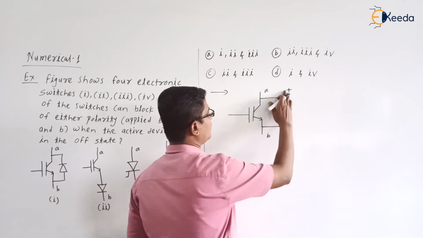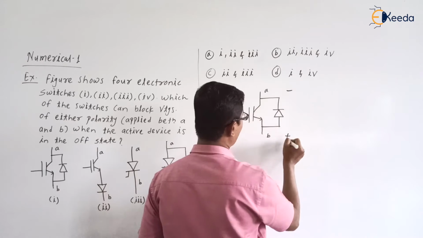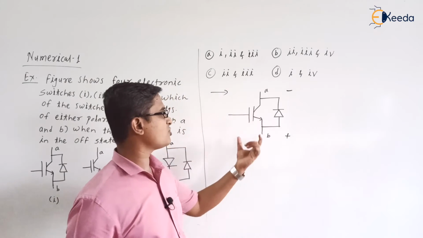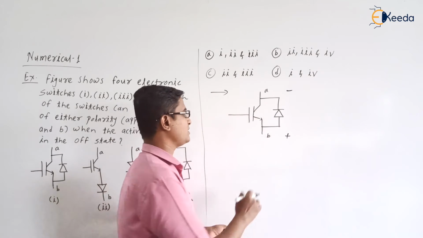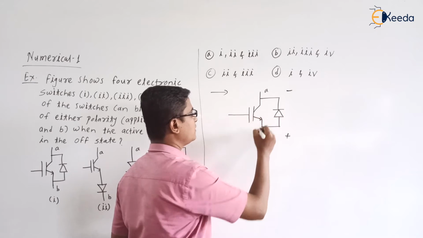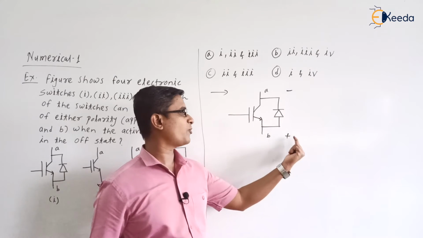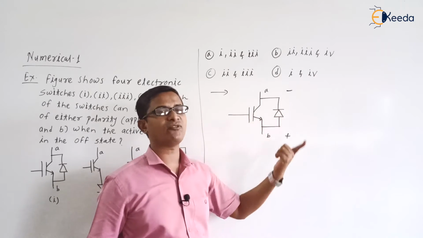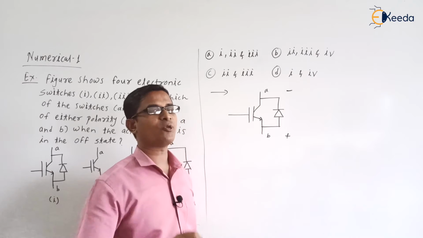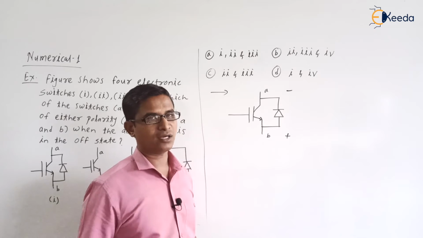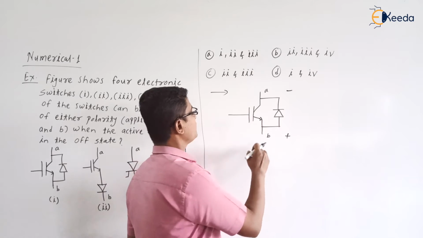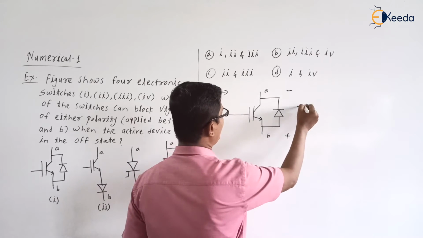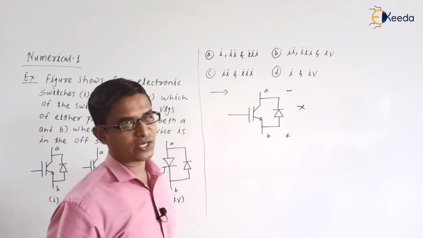Suppose the voltage is reversed, means minus here and plus here. When IGBT is in the off state, IGBT can block this voltage. But what about the diode? Yes, when the polarity is plus here minus here, the diode will be in the forward bias mode, so diode will not block the voltage, diode will turn on. Are you getting the point? So the first switch will not block the reverse voltage.